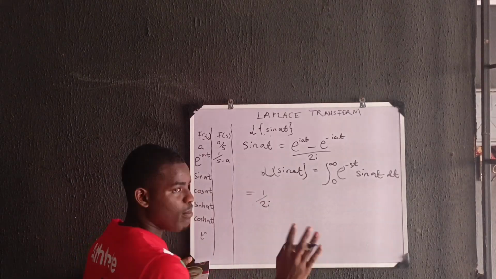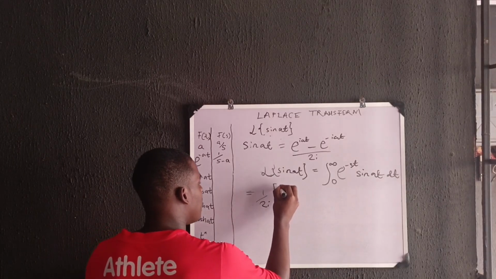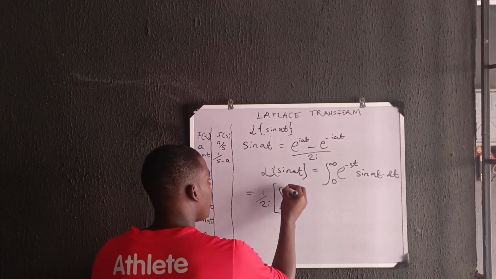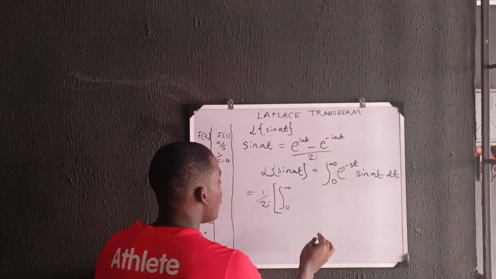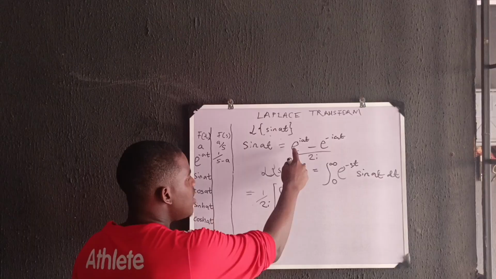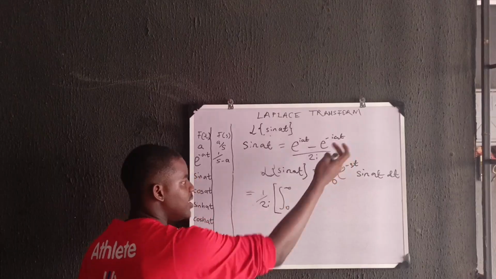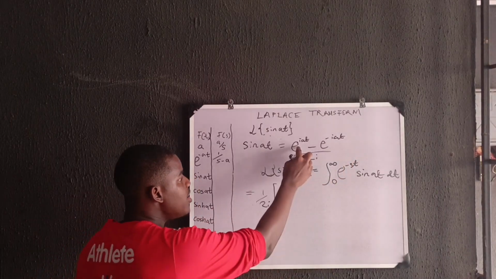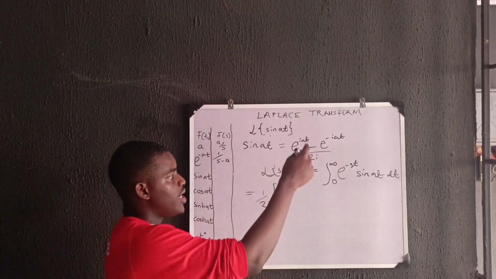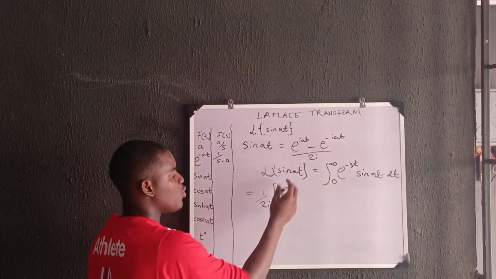I want to bring it out so I can make everything easier. Then I'm now going to take the integral from 0 to infinity. I want to split this into 2. This is now e to the power of iat and e to the power of minus iat, right? e to the power iat minus e to the power of minus iat.